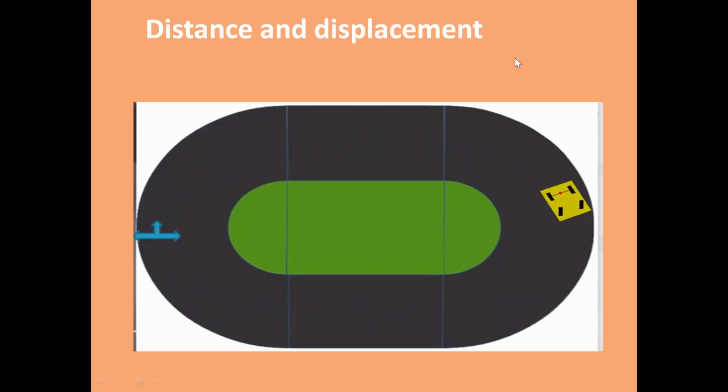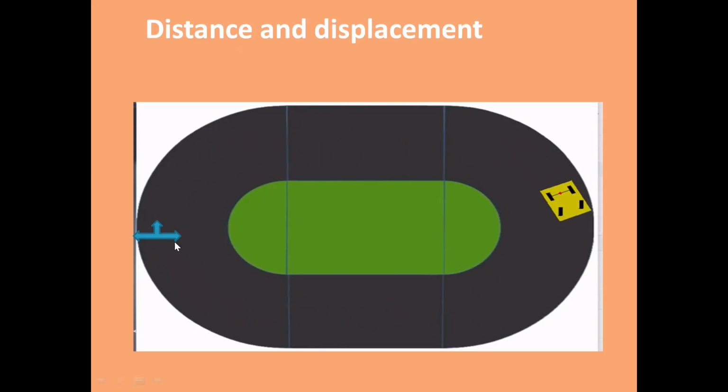When it completes one complete round, let us assume the track length is 500 meters. The object was here and it has moved up to here.